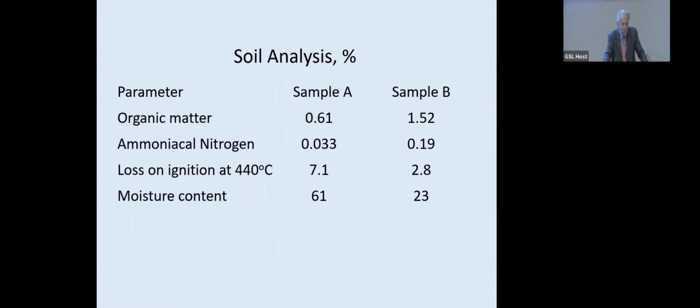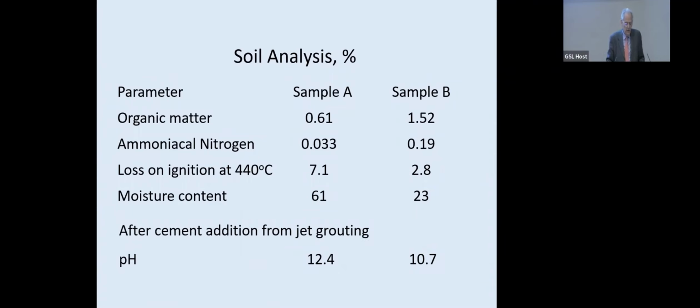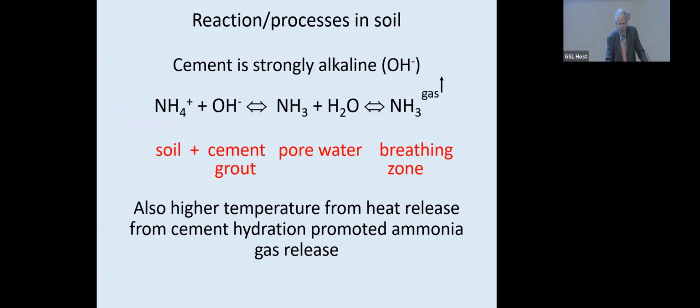Loss on ignition, nothing spectacular. Moisture content, rather different between the two, but nothing to really alert to a problem. After jet grouting, because it was jet grouted columns to form the shaft that was then going to be excavated out the middle, pH of 12.4, not unusual, 10.7 in one of the others.